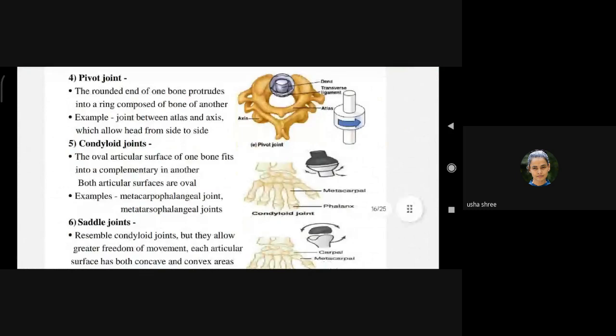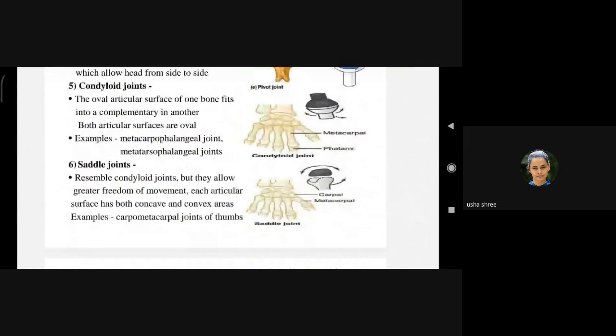Okay, and the next one is the saddle joint. Saddle joints resemble condylar joints, but they allow greater freedom of movement. Each articular surface has both concave and convex areas. For example, the carpometacarpal joints of the thumbs.